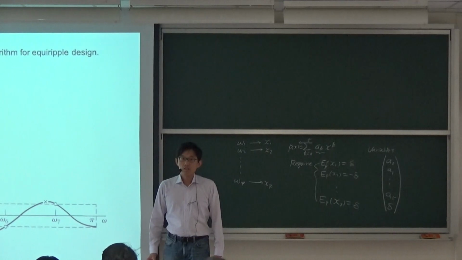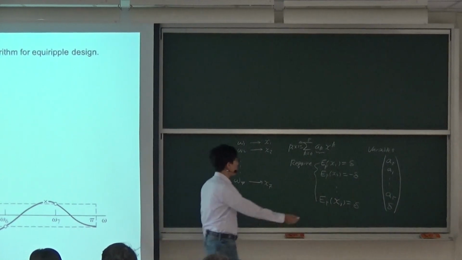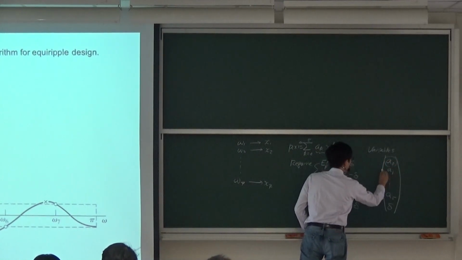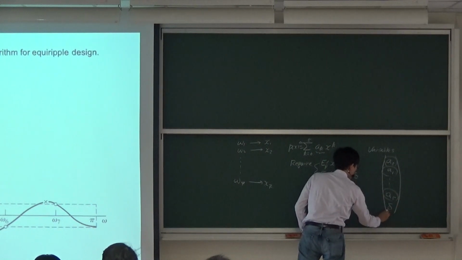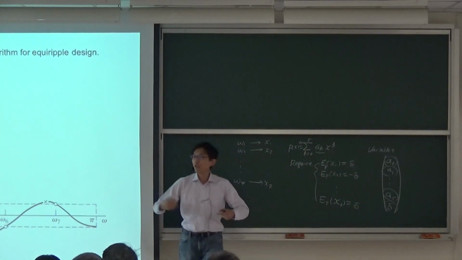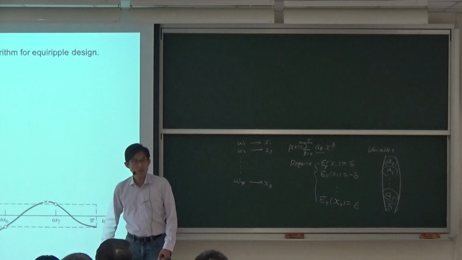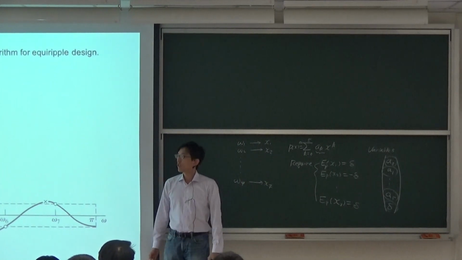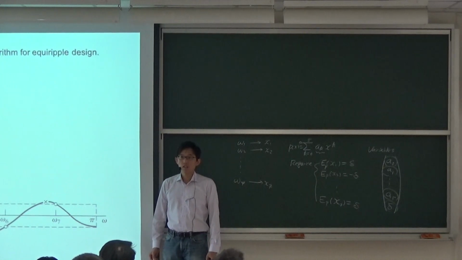So you can solve all the coefficients of the polynomial, as well as the highest ripple, by linear algebraic approaches. Okay so far?